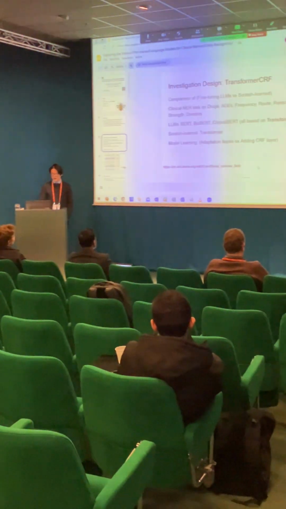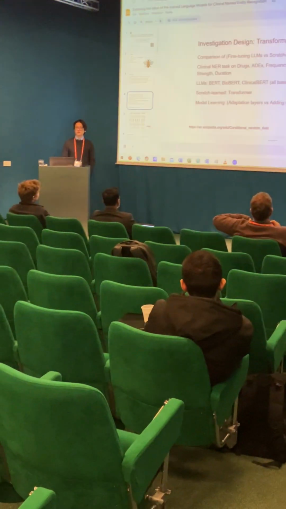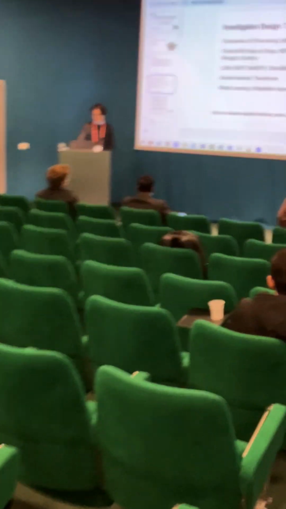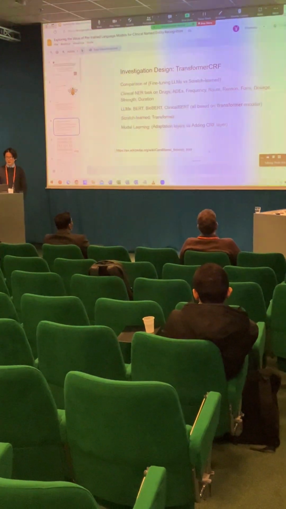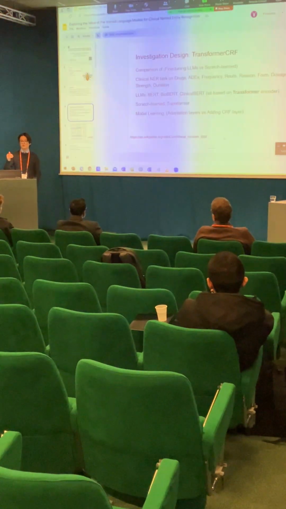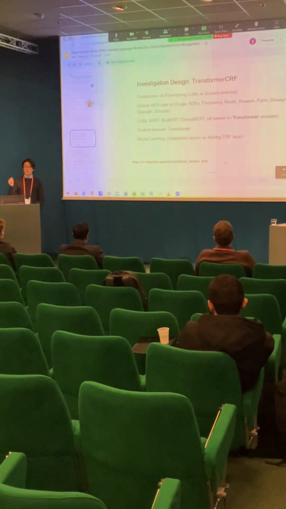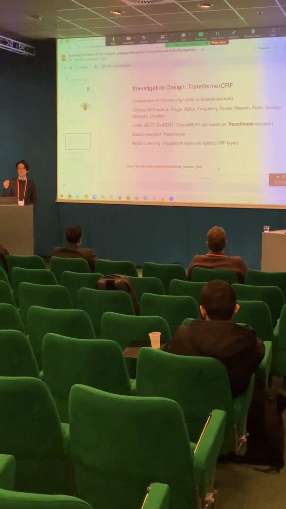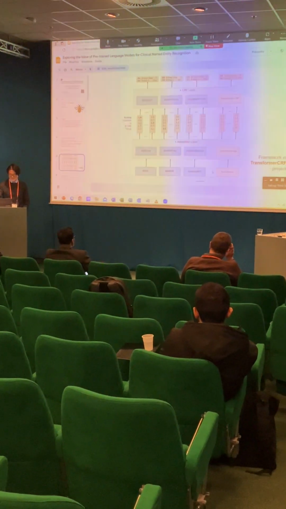And then scratch-learned is a transformer proposed in 2017, six years ago, in the paper Attention Is All You Need from Google's research group. In addition to the transformer structure, we also add on top of the transformer a CRF layer. If some of you are not familiar with CRF, it was the state-of-the-art statistical model before neural models killed everyone. So you can have a look.